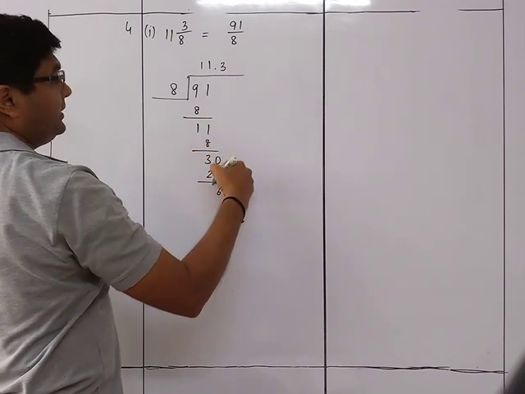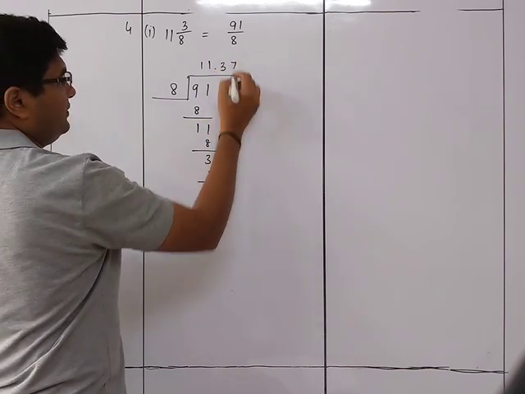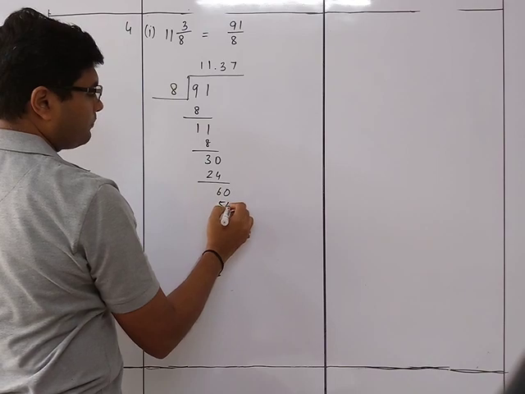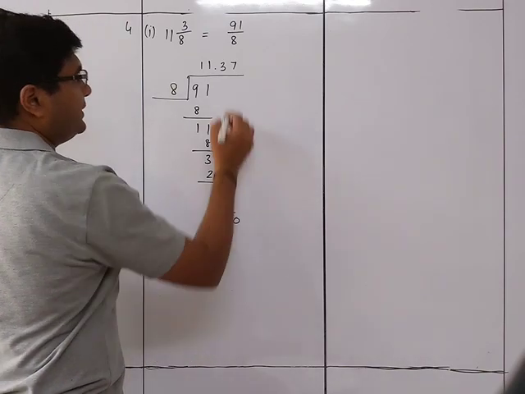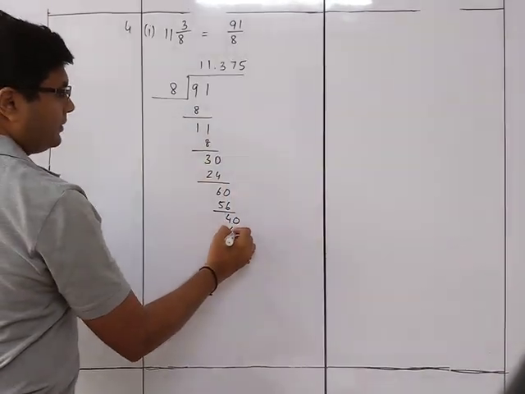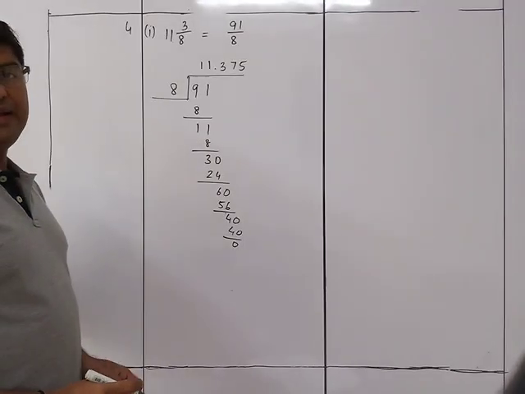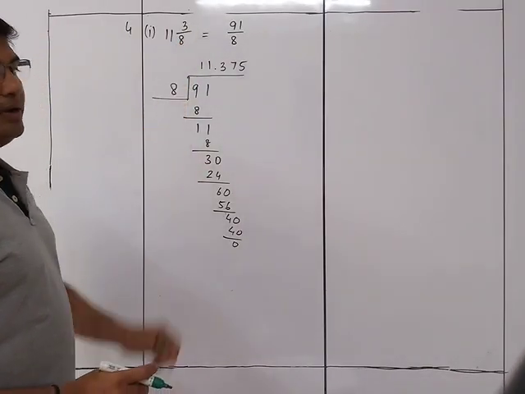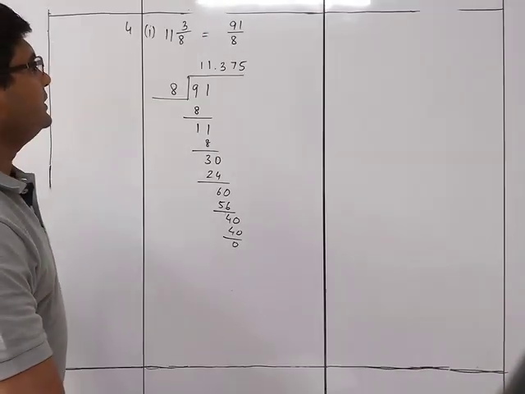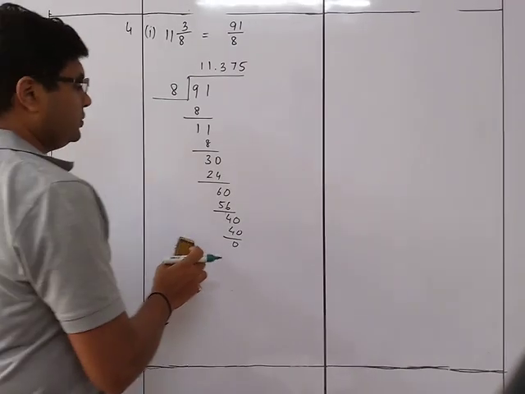So hence it will be 7 8s are 56. So it will be 40 and then 5. So you can see it is nothing but 11.375. 11.375 is nothing but 11, 3 upon 8. 3 upon 8 is 0.375. Okay. So now we have got this.